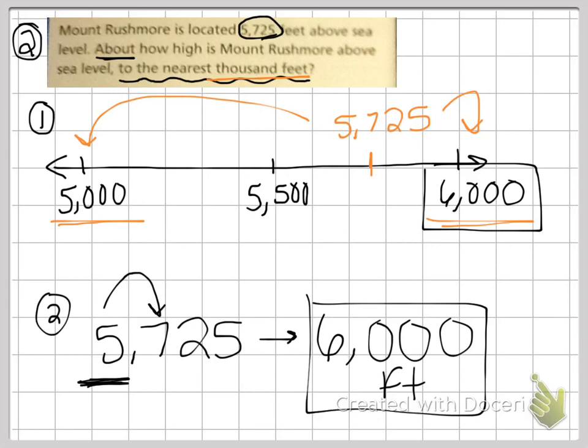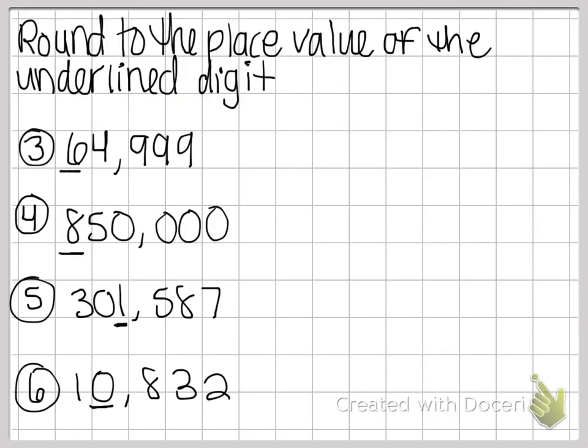Let's try some more problems. Rounding to the place value of the underlined digit. Alright, so for number 3, we have the 6 in the 10,000s underlined. So I'm going to look at the digit to the very right of the underlined place value. So 5 or above, give that 6 a shove. 4 or below, let it go.